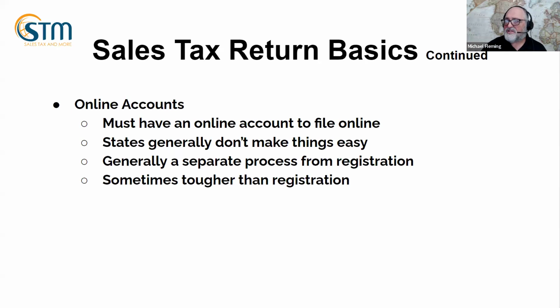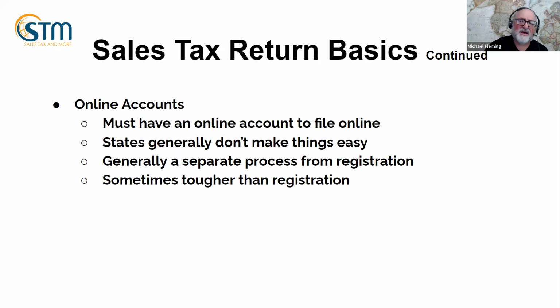Online accounts, as we said, you have to have an online account to file. States generally don't make things easy when it comes to anything. It's generally a separate process from the registration. Sometimes it's tougher than the registration. There's a lot of letter IDs.